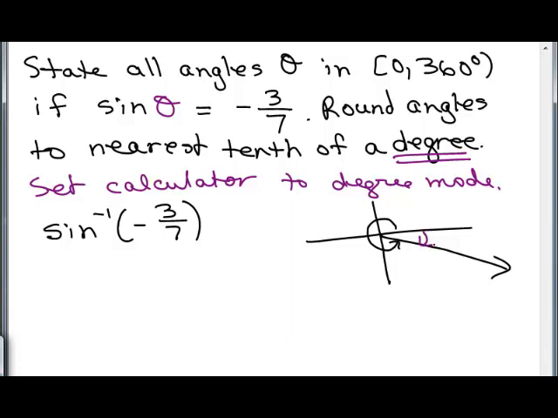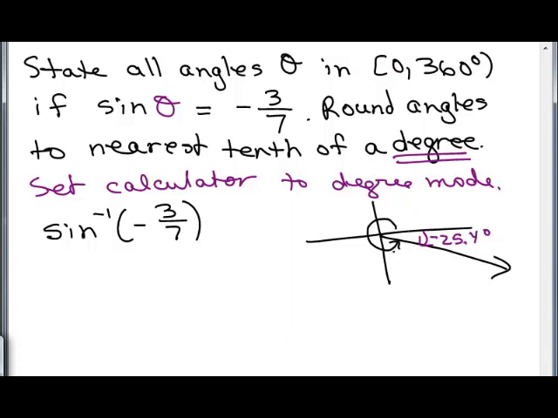So go ahead and put that in your calculator, the arc sine or inverse sine of negative 3/7, and then round to the nearest tenth of a degree. And I get negative 25.4 degrees, which is not an angle between 0 and 360. But if I add 360, then I will have it, right?